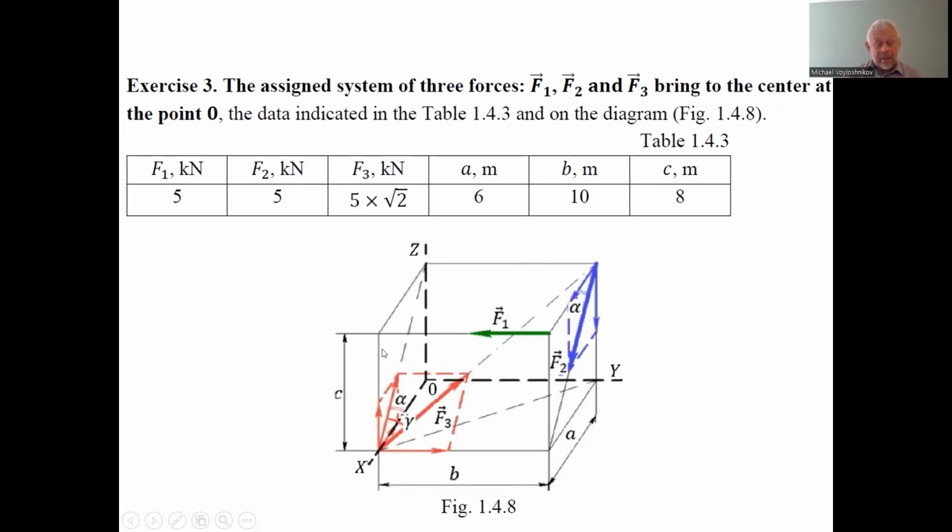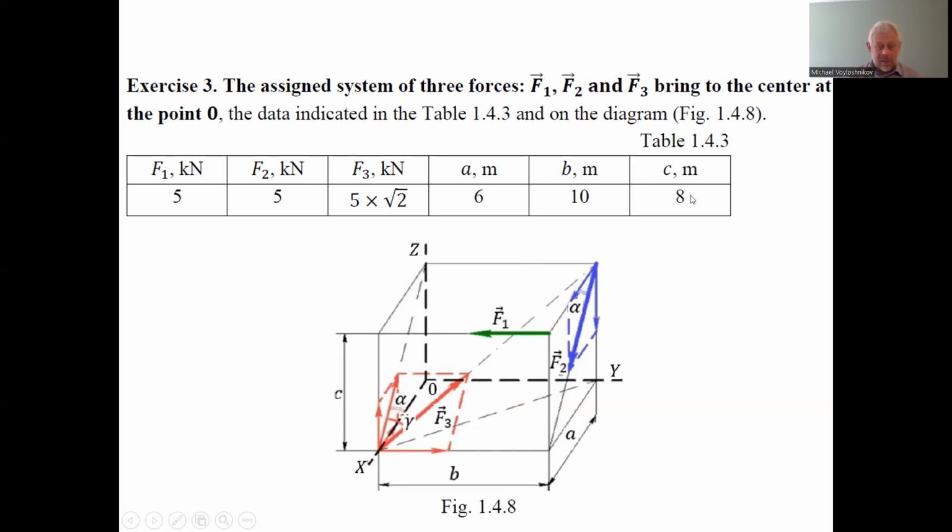So, considering this diagonal of the rectangle projection on the left, it consists of a right angle triangle. This is the right angle. This leg is A, which is 6. 6 squared is 36. The C is 8, squared is 64. So when we sum 6 squared plus 8 squared, we have 100.